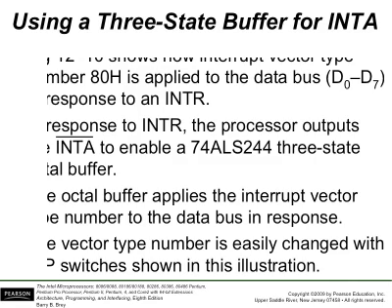In the next figure, we're going to see a similar design where we want to generate an interrupt number 80. And we use the INTA, the interrupt acknowledgement, to enable a 244 buffer, a 3-state buffer, to supply that interrupt vector.